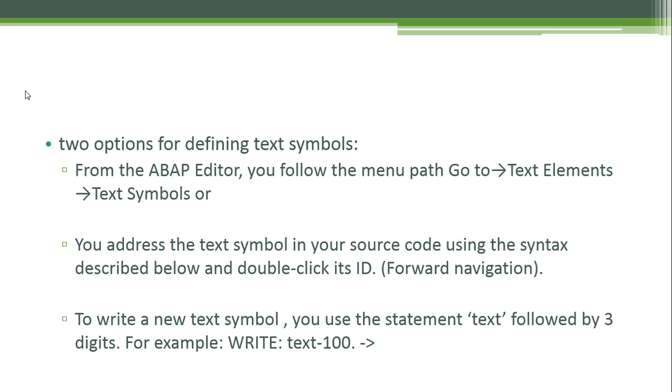For example, write text-100. If text-100 doesn't exist, you can double click it to create a new one. So let's create some text symbols in our program, and let's learn why they are important and how we can use them.